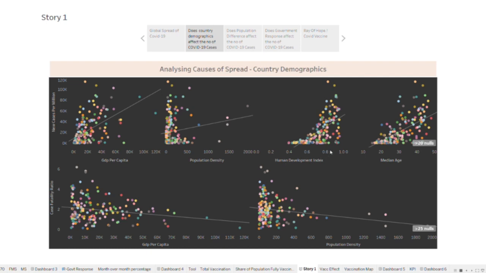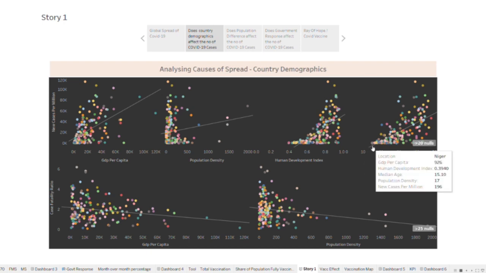However, it was interesting to note that countries with higher HDI, that is Human Development Index, that is the standard of living and health conditions, were also affected the same as other countries. This is a warning that living in a healthy country doesn't necessarily protect us from the pandemic.